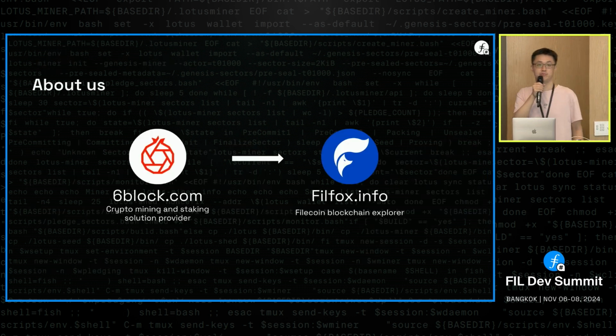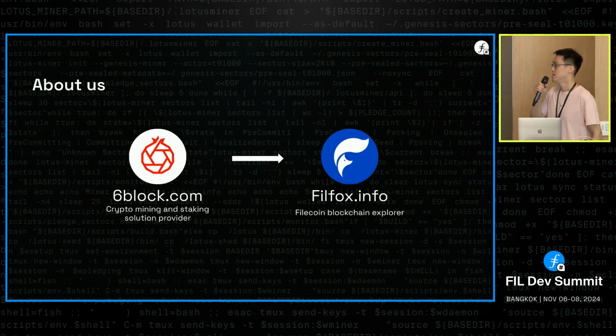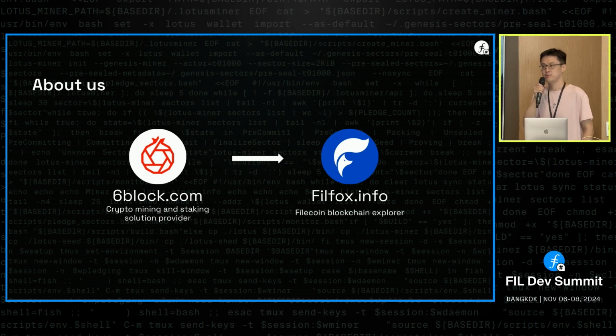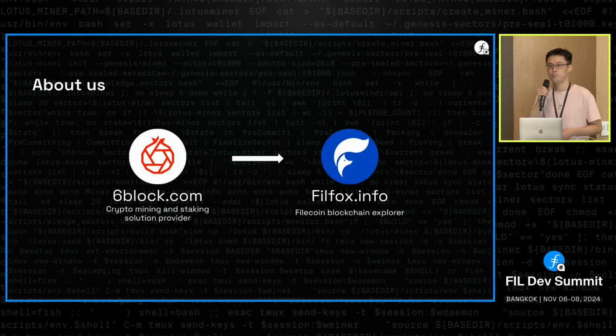Okay, first a brief introduction about our team. Our team is named Sixpro.com. We used to be maybe one of the big miners in the Filecoin network. At that time, the Filecoin blockchain was brand new, and its data structure is totally different from previous ones like Ethereum and Bitcoin.